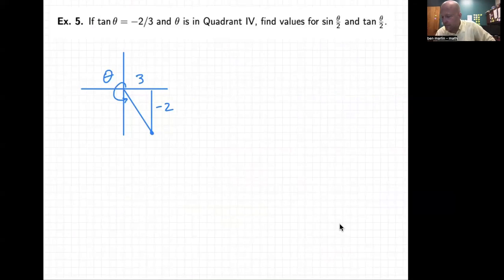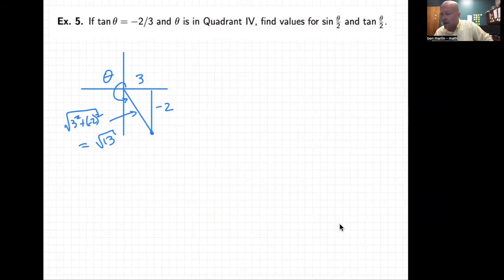Okay. So on my triangle there, the hypotenuse is going to be the square root of 3 squared plus negative 2 squared. So that is the square root of 13. Right?